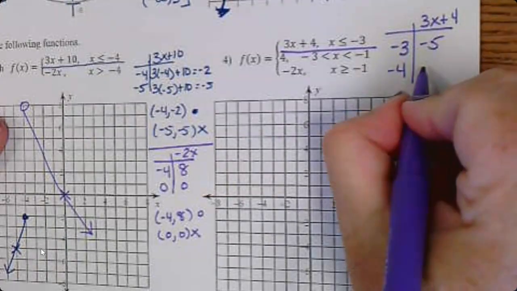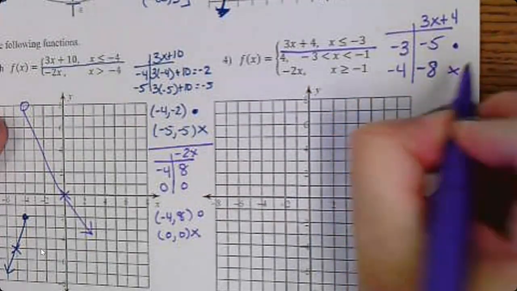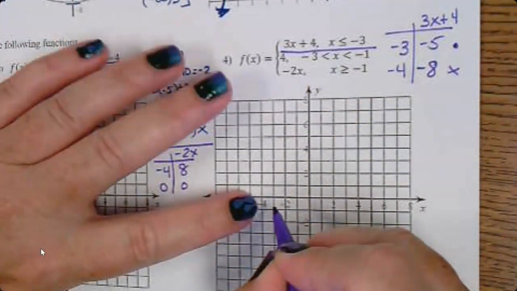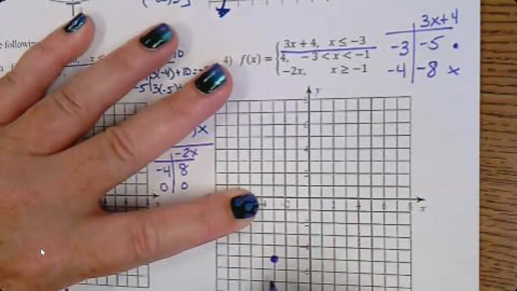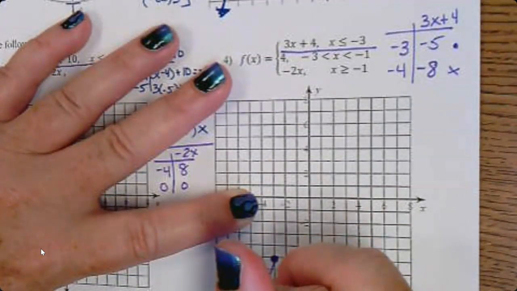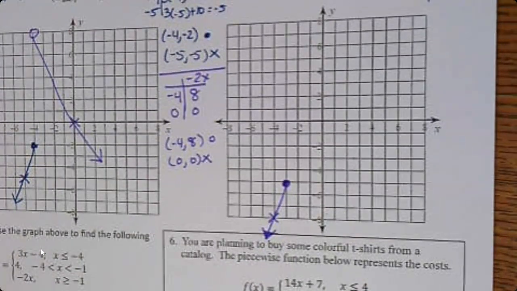Plus 4 is negative 8. Closed dot and an open dot. So negative 3, negative 5, and negative 4, negative 8. Okay. There you go. Change colors.